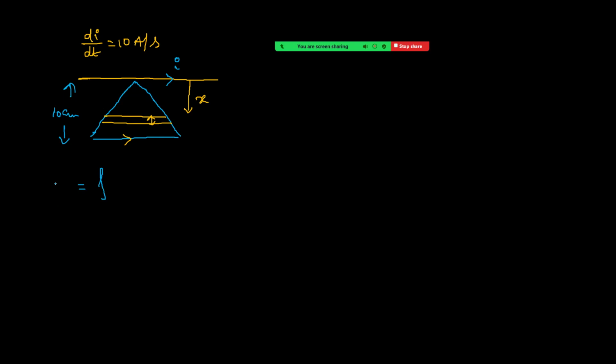Flux equals the integration of mu naught I by 2 pi x, that is B, into this area.